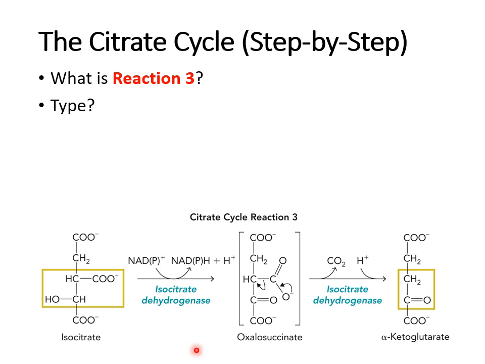The next reaction, reaction number 3, is the isocitrate dehydrogenase reaction. This is the type of reaction called oxidative decarboxylation. And decarboxylation is seen right here. It's the removal of carbon dioxide. This is going to be the first carbon dioxide lost in the citrate cycle.